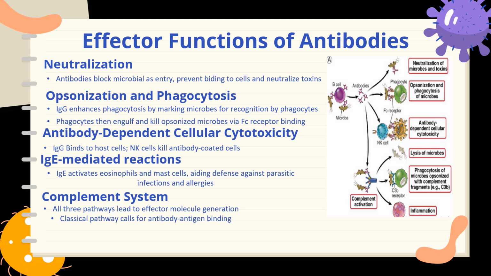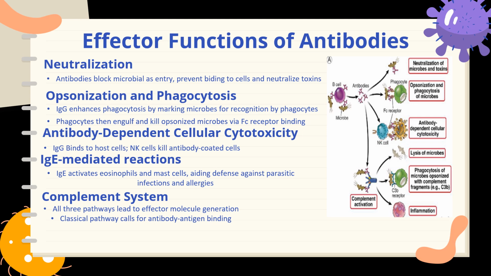IgE can activate eosinophils or mast cells to help defend against parasitic infections or allergic diseases. When IgE binds to helminths, it recruits eosinophils. Th2 cells also assist the eosinophils in enhancing their defense functions through the secretion of IL-5. The eosinophil and IgE then degranulate to kill the helminth.